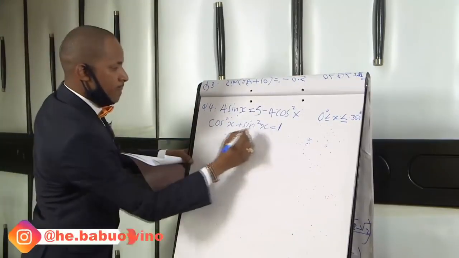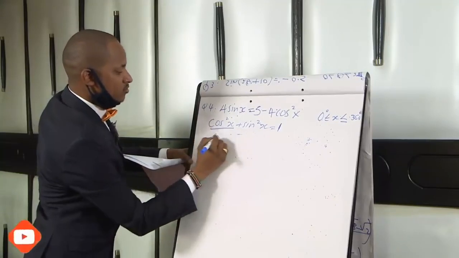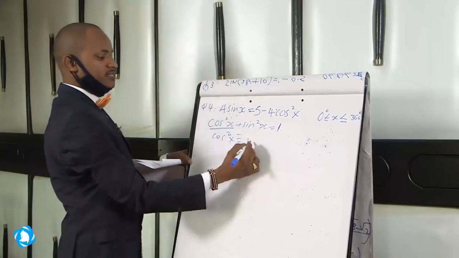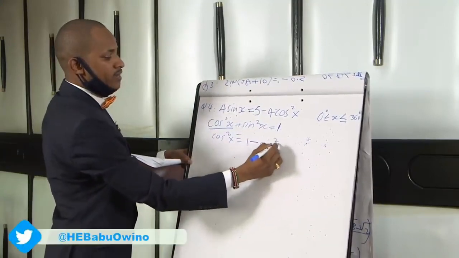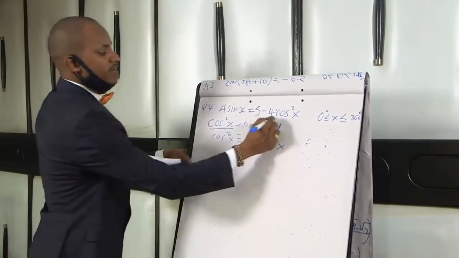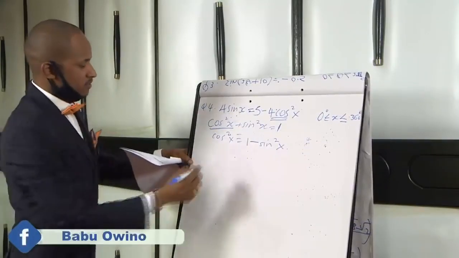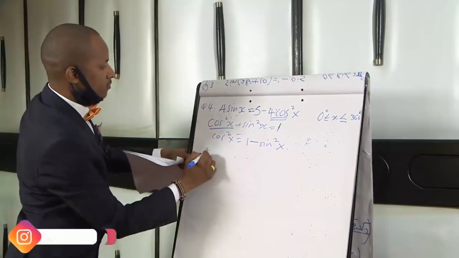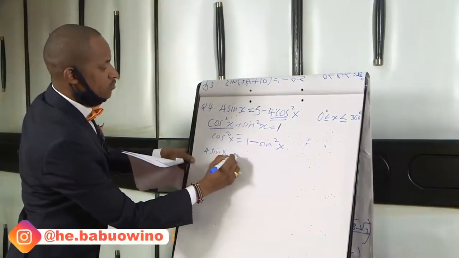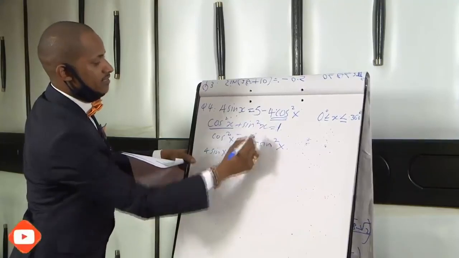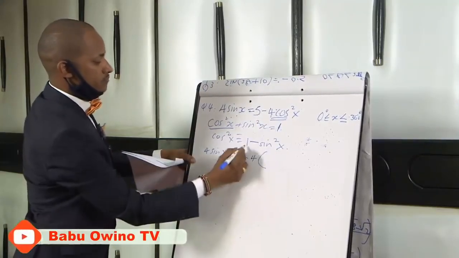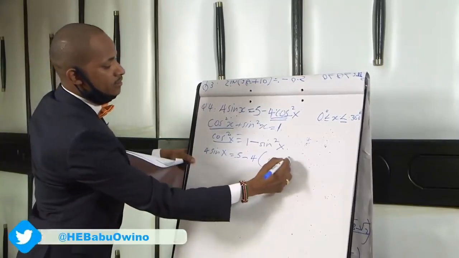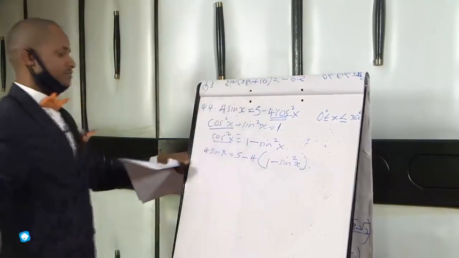Therefore, from this, you can easily say that cos squared x equals 1, and when sine squared x crosses the other side it becomes minus sine squared x. Therefore, from our initial equation, replace cos squared x with 1 minus sine squared x. So we have 4 sine x equals 5, minus 4 into the value of cos squared x, which we've said is 1 minus sine squared x.